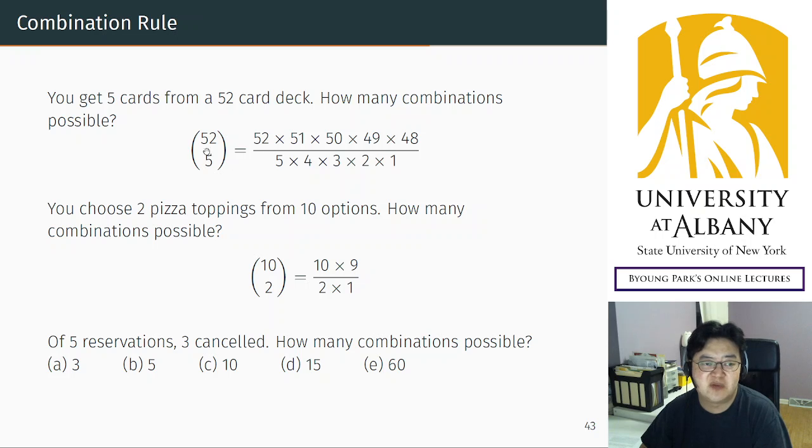The starting numbers are given by these two. The denominator goes down to 1, but the numerator ends at a certain point when the same number of numbers are multiplied. Usually there are some cancellations, so the numbers would be easy in some cases.